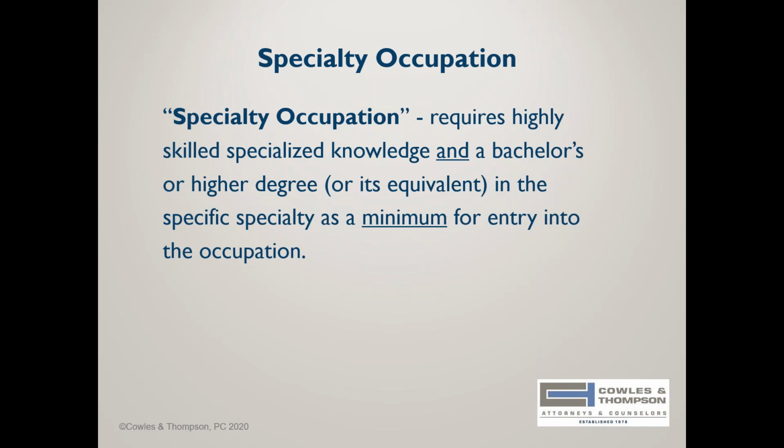The definition is that it requires highly skilled, specialized knowledge and a bachelor's or higher degree or equivalent in the specific specialty as a minimum for entry into the occupation. So you can see that it's very specific, but there's also a lot of room to argue. So let me give you a couple of examples.